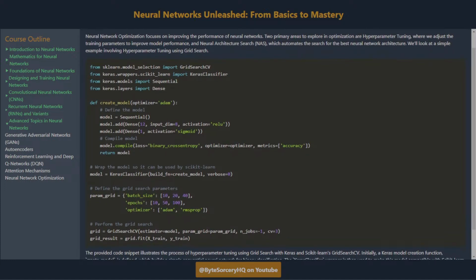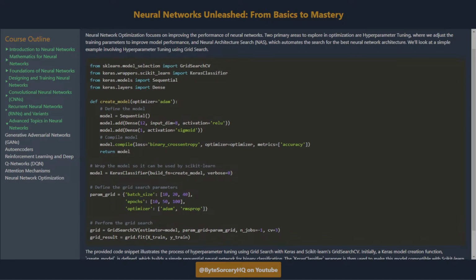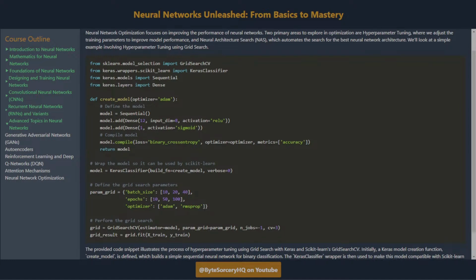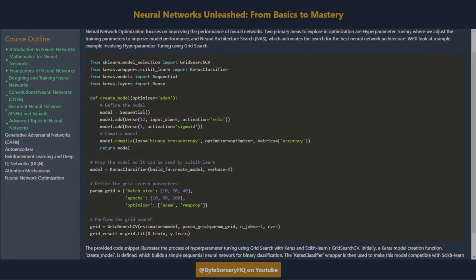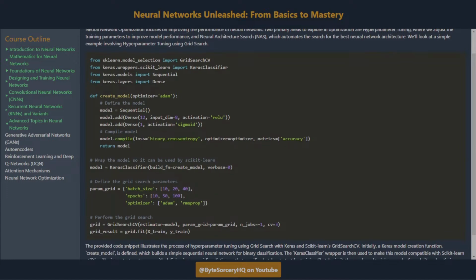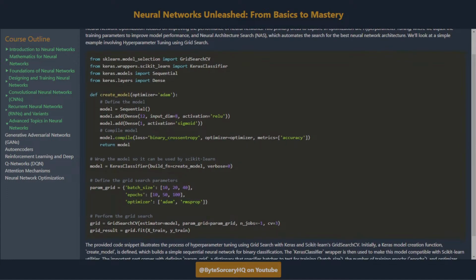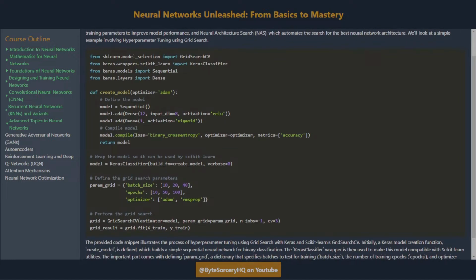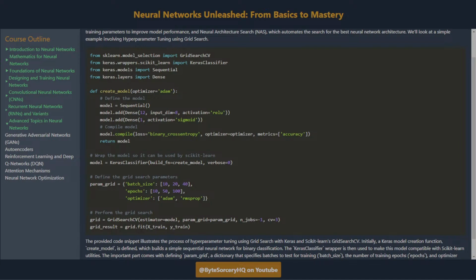The provided code snippet illustrates the process of hyperparameter tuning using grid search with Keras and scikit-learn's GridSearchCV. Initially, a Keras model creation function, createModel, is defined, which builds a simple sequential neural network for binary classification. The Keras classifier wrapper is then used to make this model compatible with scikit-learn utilities.